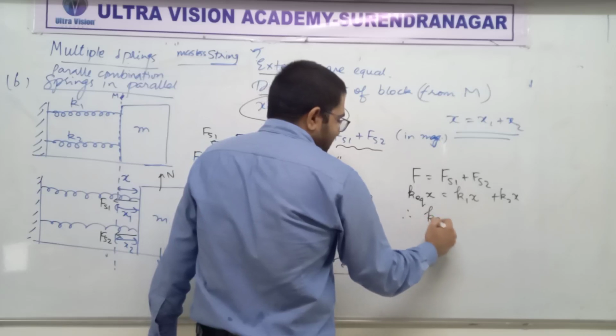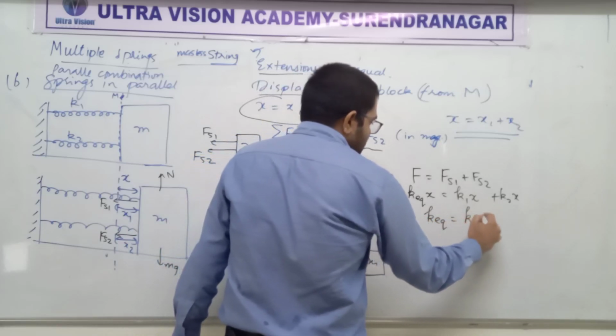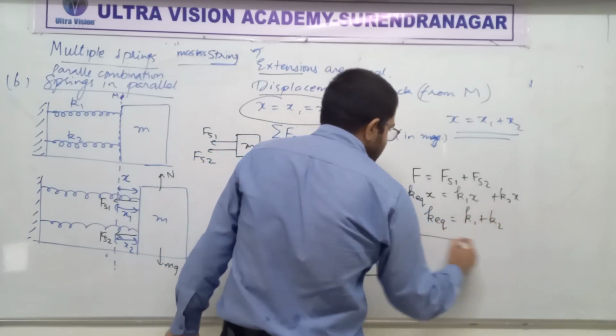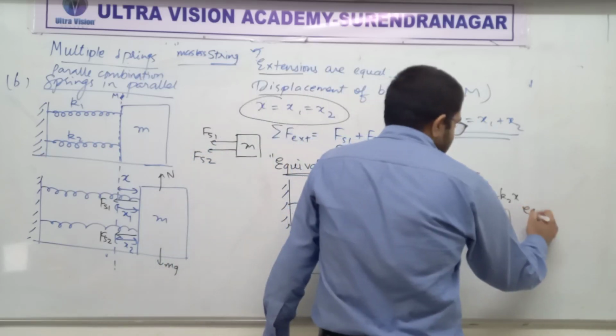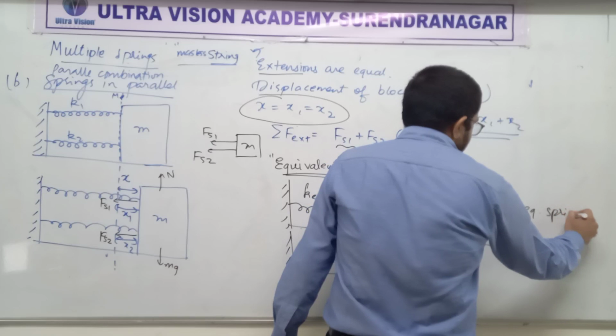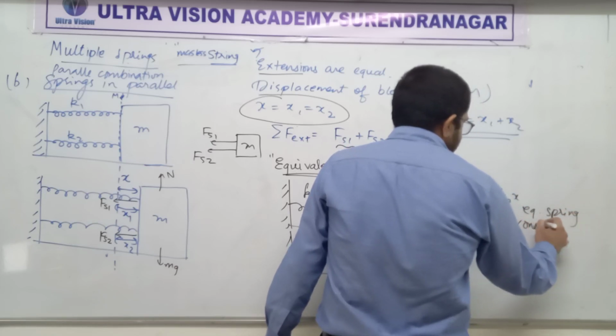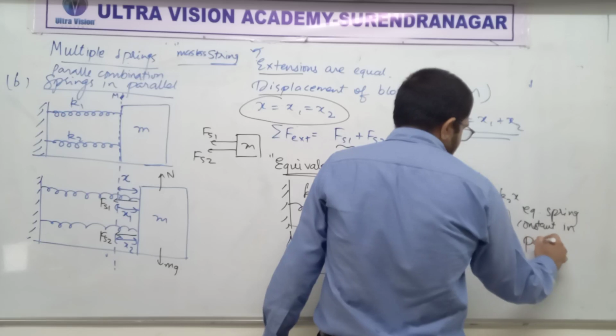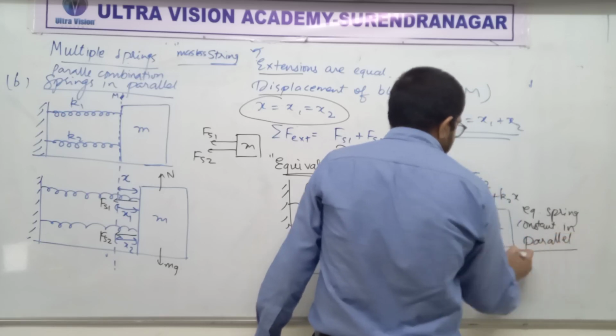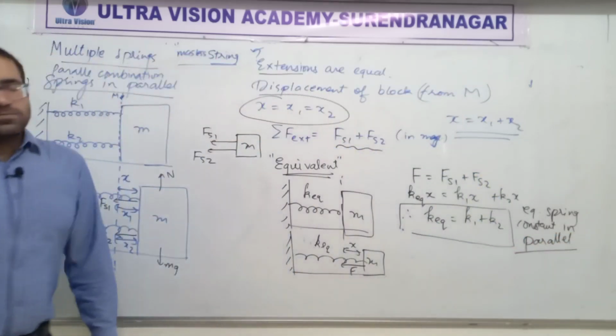We will have K equivalent equal to K1 plus K2. This is the equivalent spring constant for springs in parallel. Clear?